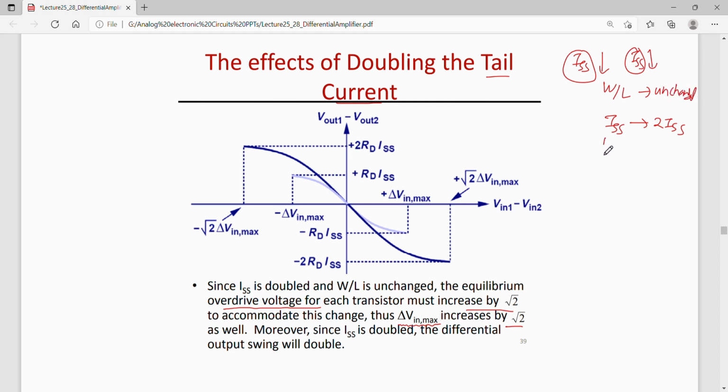So two things are happening: the maximum overdrive voltage, VGS minus VT maximum, is increasing by root 2, and to accommodate this change, my maximum differential input voltage, Vin1 minus Vin2 maximum, is also increasing by root 2, right.